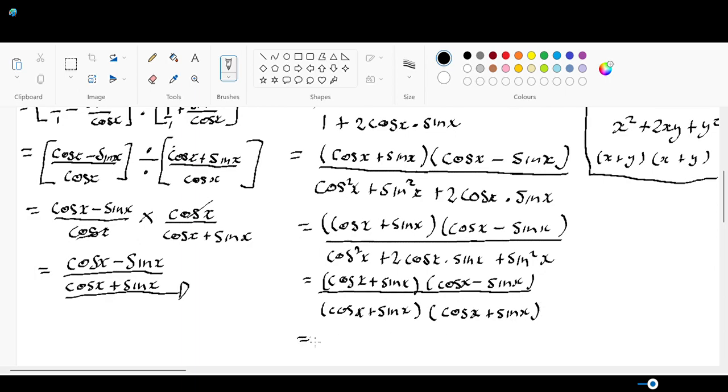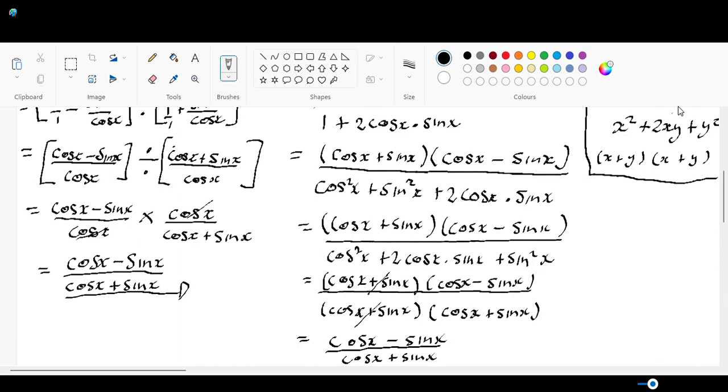Alright, so look at this, cos x plus sine x is going to divide that cos x plus sine x, and then what is it that we're going to be left with? We're going to be left with cos x minus sine x on the numerator, divided by cos x plus sine x on the denominator.